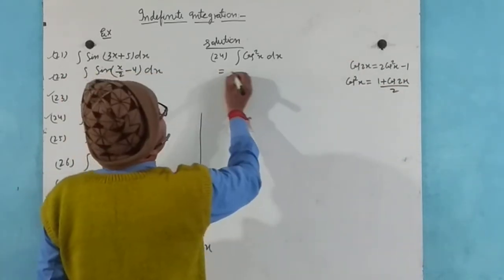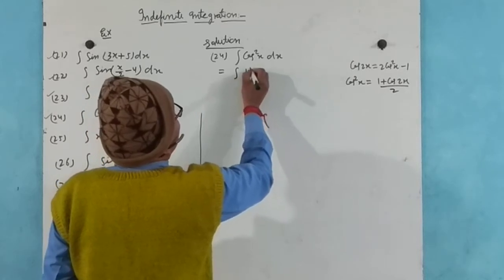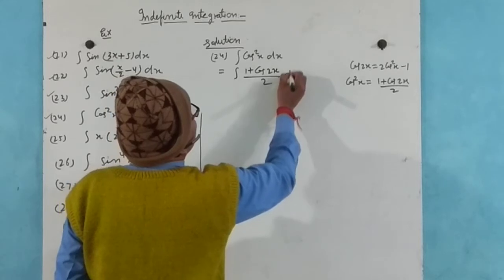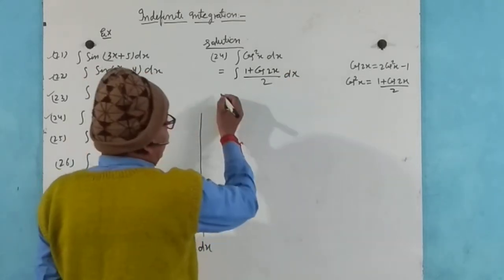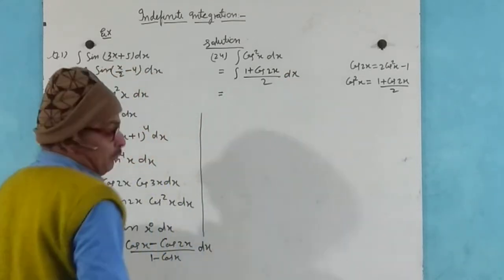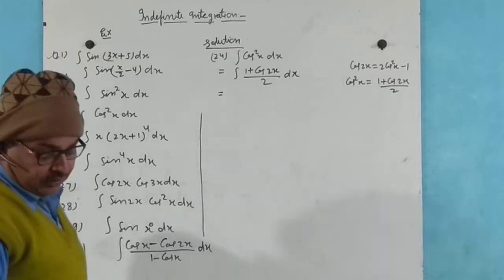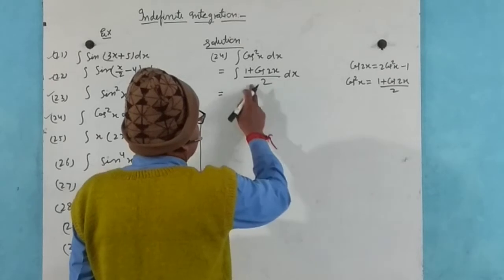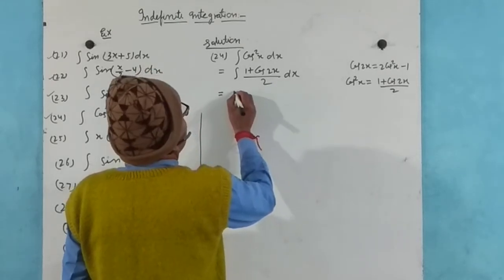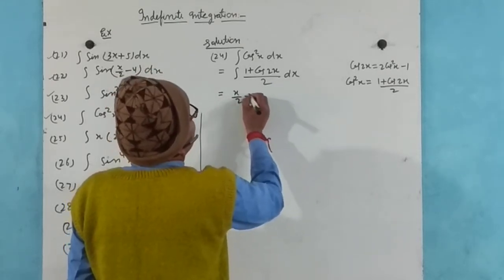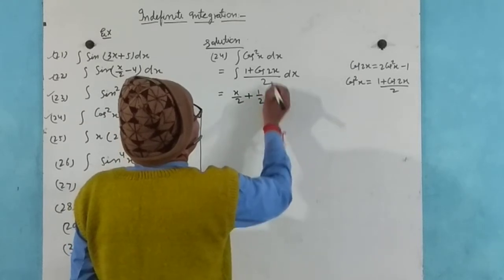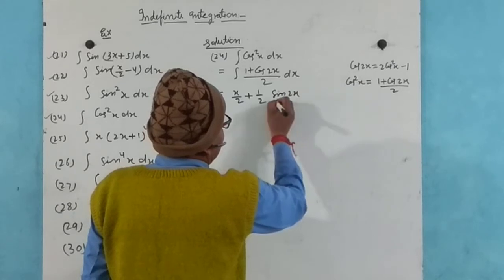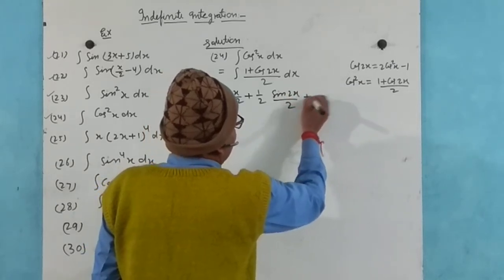Now integration of (1 plus cos 2x) divided by 2 dx is 1 by 2 dx, which gives x by 2, plus 1 by 2 times sin 2x divided by 2, plus c.